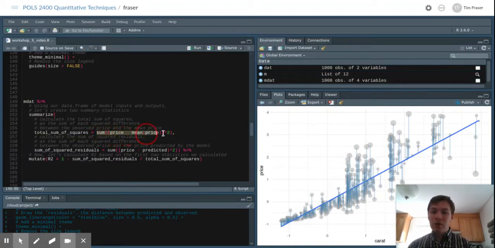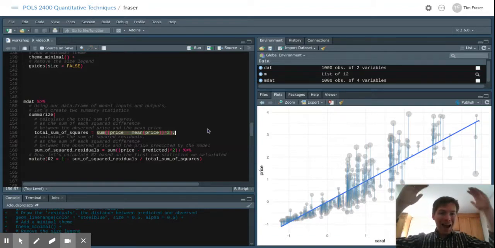First, we're going to calculate the total sum of squares. And we can see right here that what we're doing is we're taking the price and subtracting the average price. Then we are going to square that value so that positives and negatives don't matter anymore. And we're going to add all of those together.